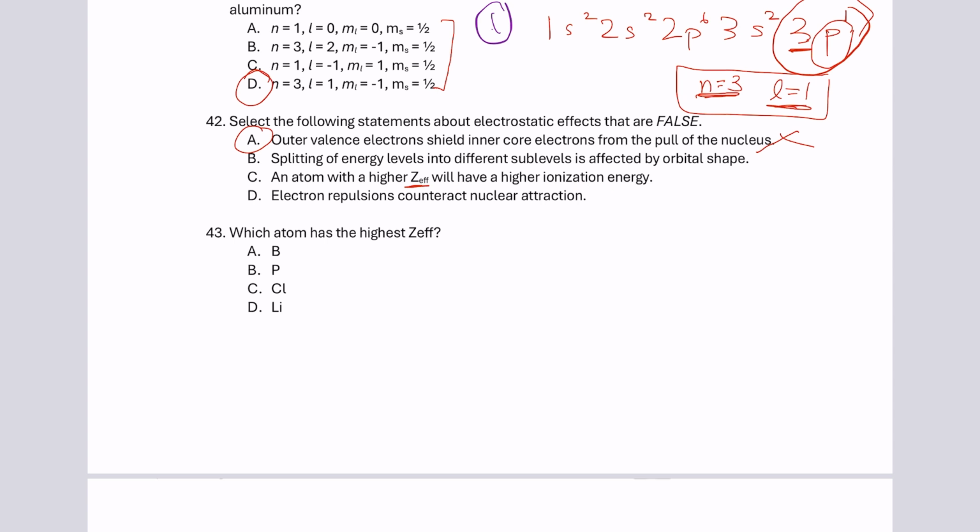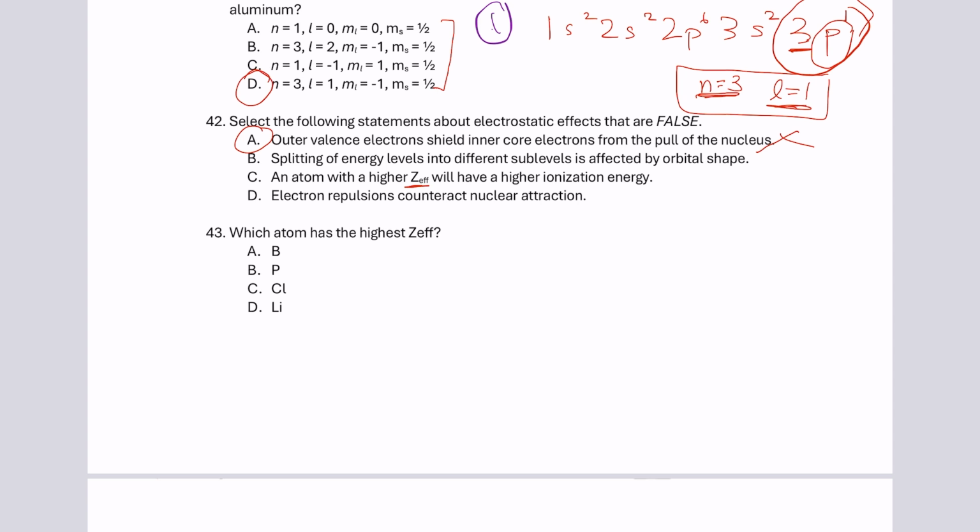And this is true because effective nuclear charge represents how strongly the nucleus attracts valence electrons. A higher effective nuclear charge means that the valence electrons are held more tightly, making them harder to remove and increasing ionization energy.